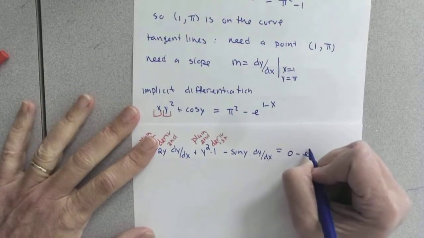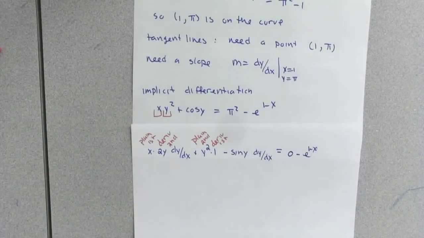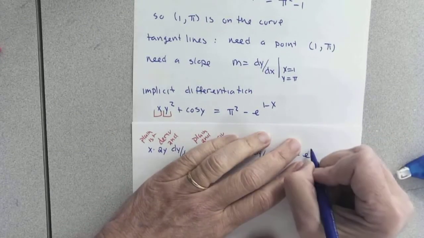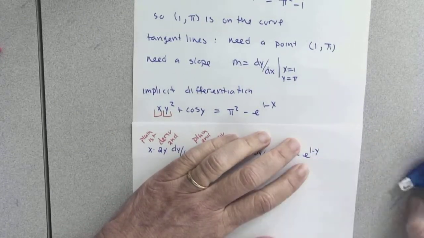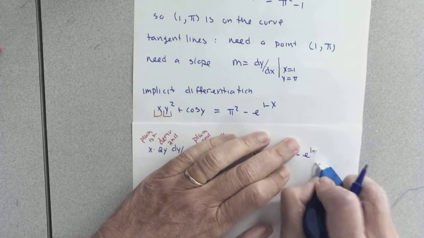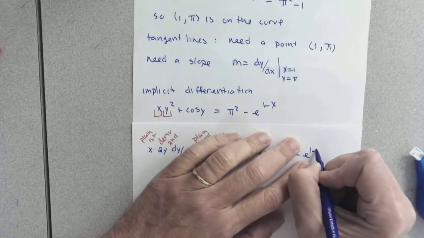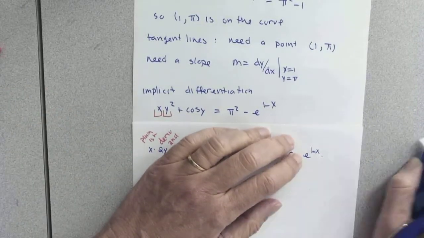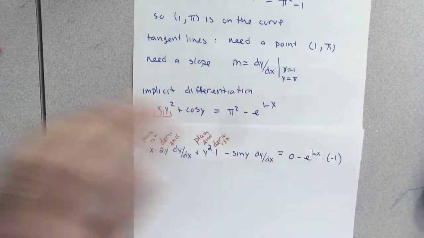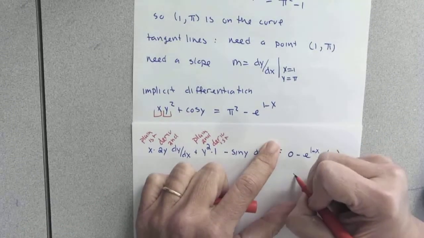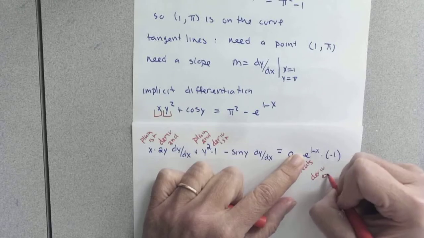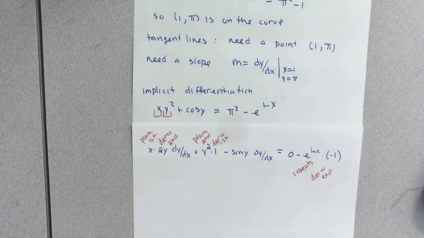Then we have the e, where it repeats. Let's write this correctly. It repeats, times the derivative of the exponent.